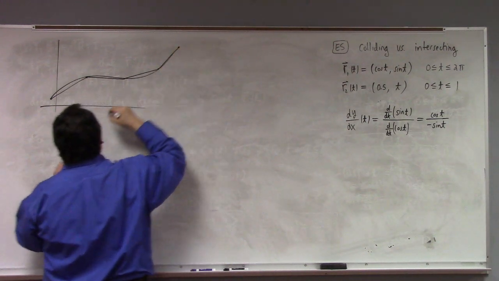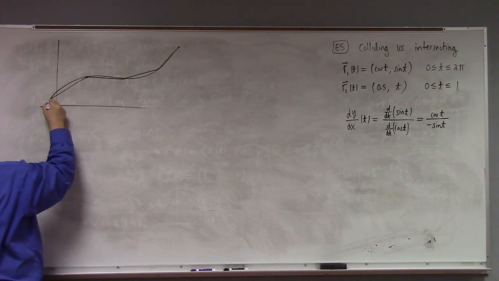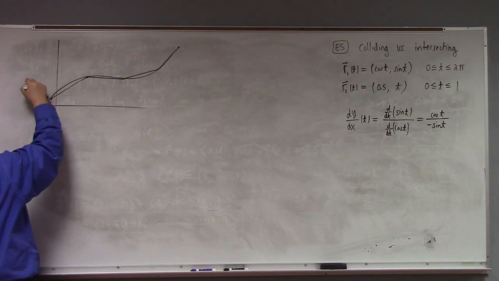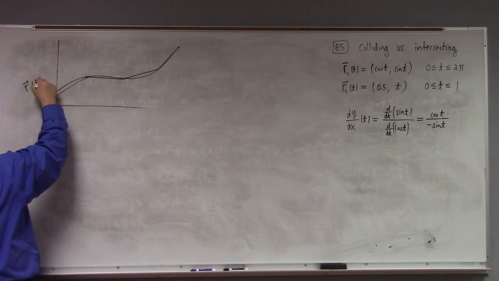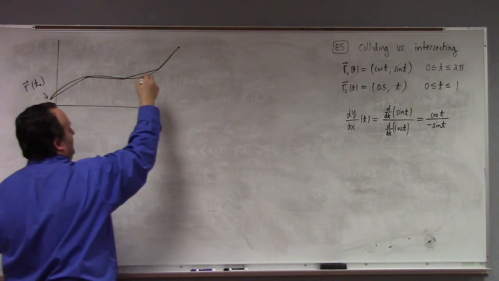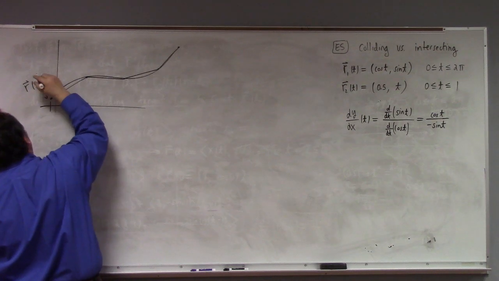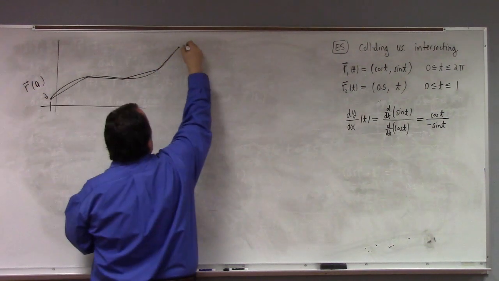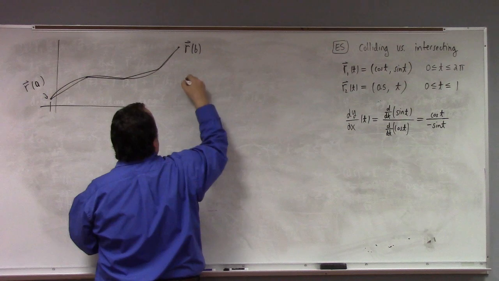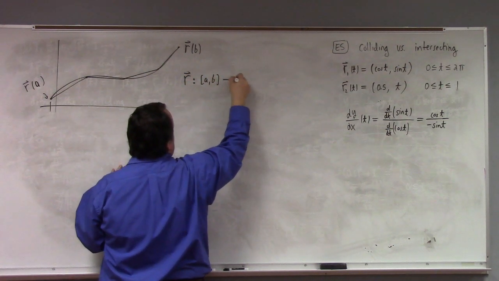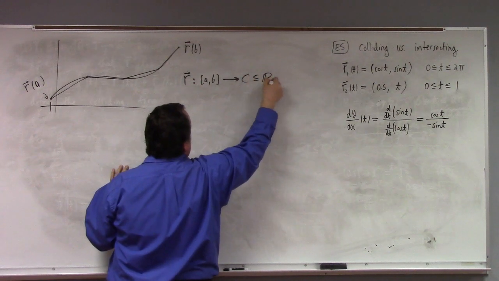So if the initial point was, let me use a and b, r of a, and over here we've got r of b. I'm talking about a curve which is parametrized by a to b, mapping to the curve which is a subset of R2.